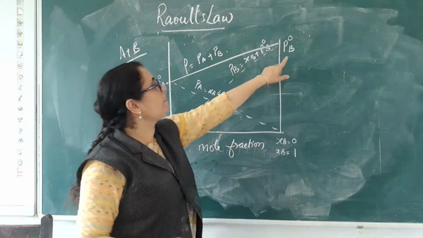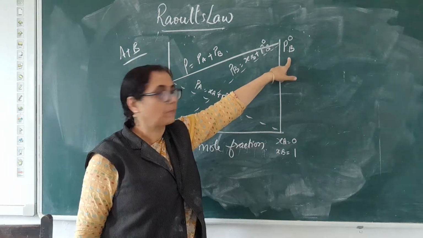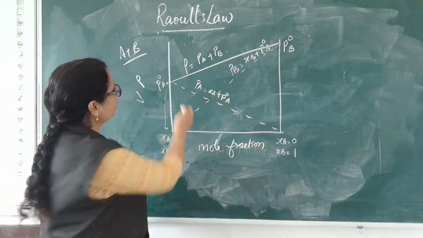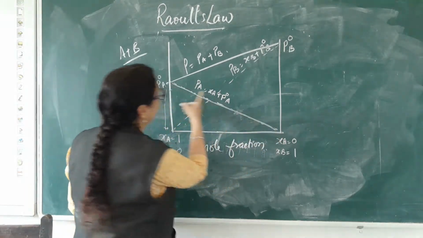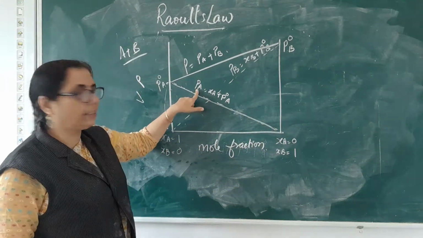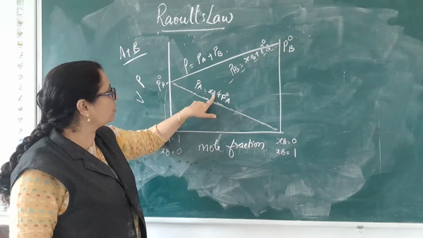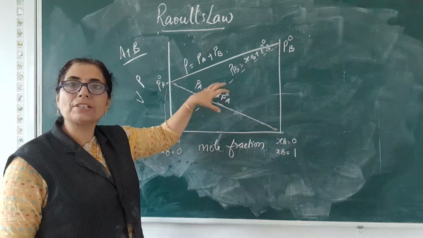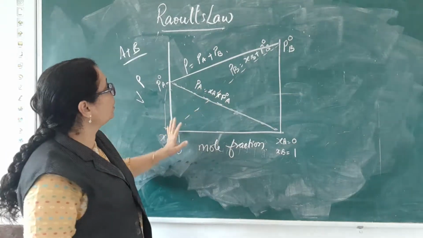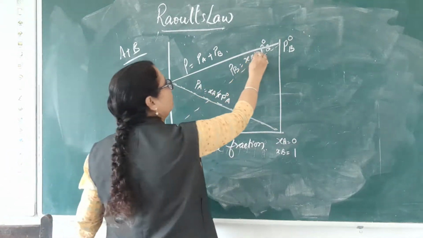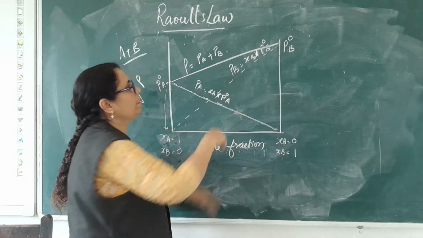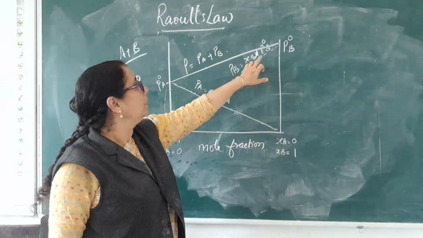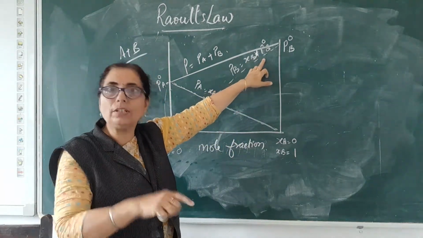The pressure exerted at this point is P naught B. So, here you can see one line going downward, that is, the pressure exerted by component A will be equal to the mole fraction times P naught A. Here also you can see the other one: the pressure exerted by B will be given by the mole fraction times the pressure exerted by that particular component.